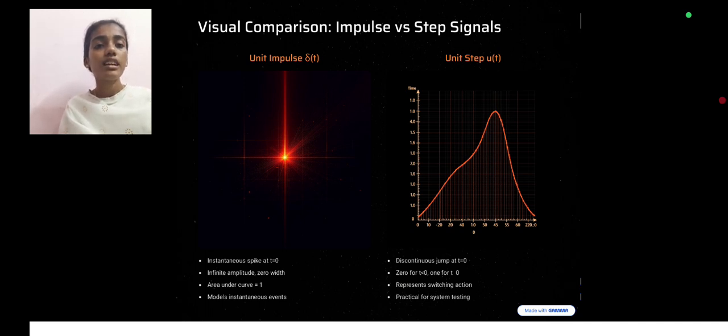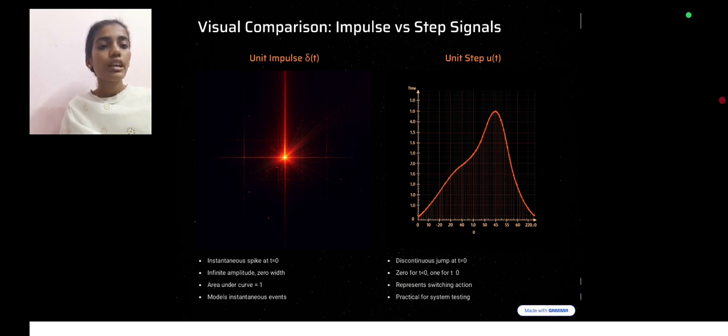Here we can see that the signal looks like a dot. It has infinite amplitude and zero width. Area under the curve is equal to 1. It models instantaneous events. The unit step signal u of t has a discontinuous jump at t equals 0.